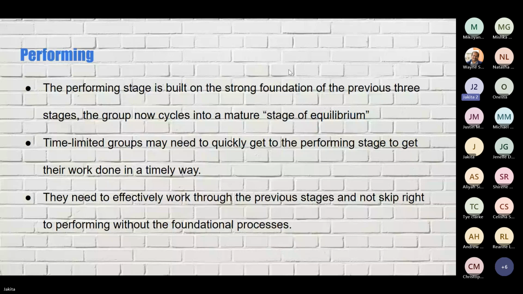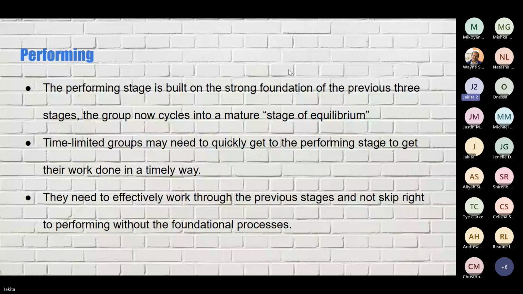So if you know this particular group was formed for a short time, it is important that they reach the performance stage so that they will be able to complete the task at hand. They need to effectively work through the previous stages and not skip right to performing without the necessary foundation, because each stage is important so that they can get the task done.